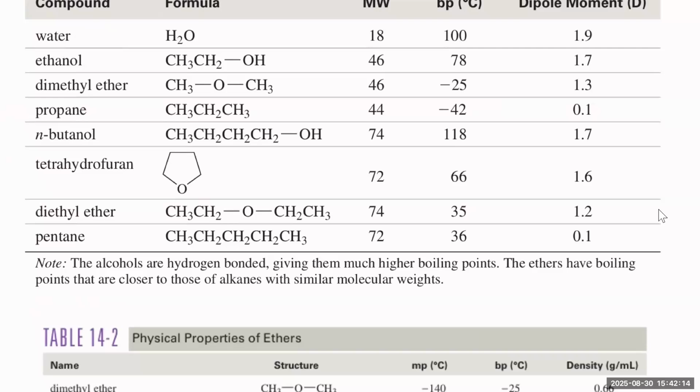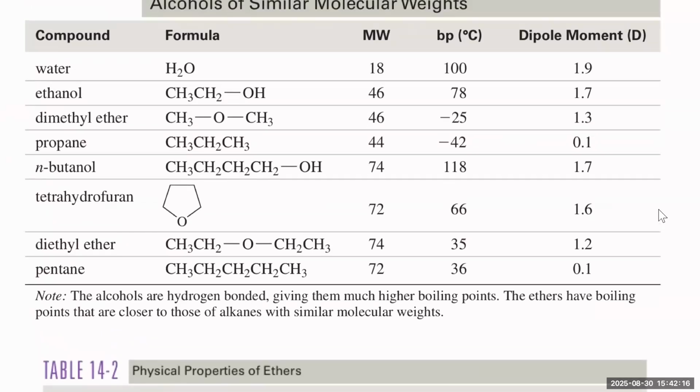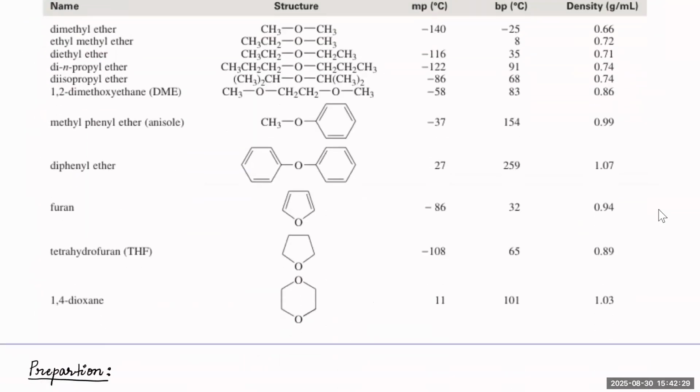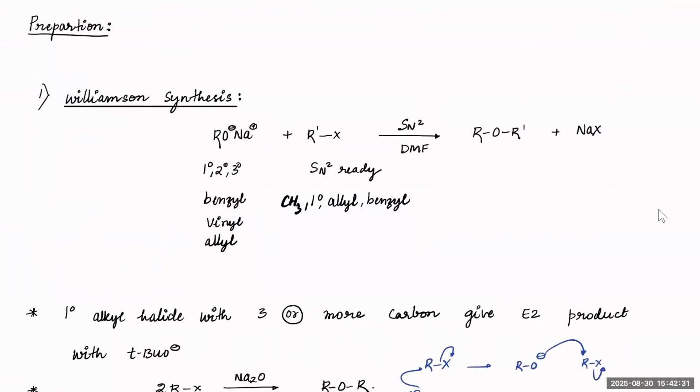So these are a few boiling points given just to understand how water suddenly is 100 degrees, but dimethyl ether is minus 25 degrees. So I can see without hydrogen bonding, there is a drastic difference in the boiling point. And this is just for information's sake.